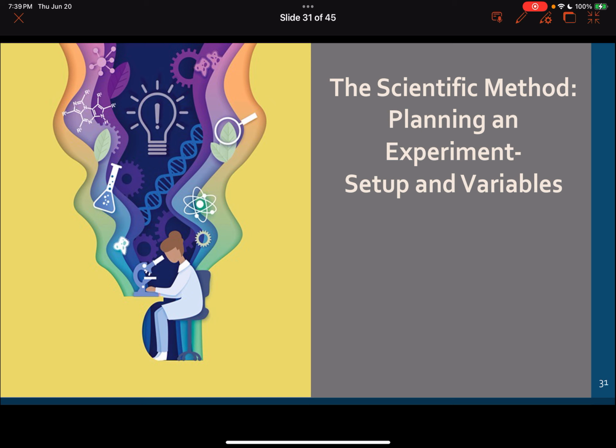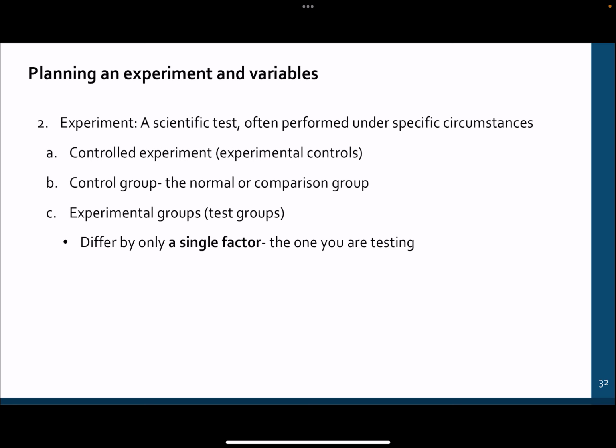The important thing about the scientific method is that it is a well-defined process, and a good scientific experiment is going to have a specific set of variables and a way that we design our experiment around these variables to ensure that the data that we collect reflects the impact of only the factor we are testing. And so there are a few considerations when we plan our experiment.